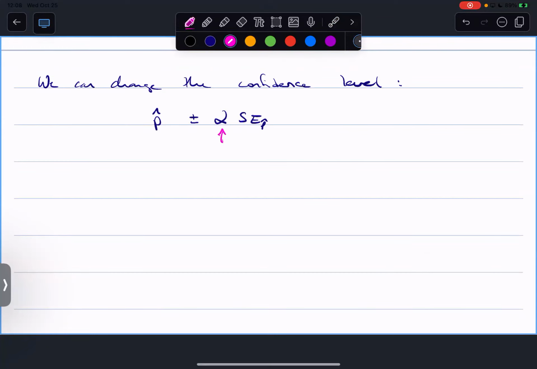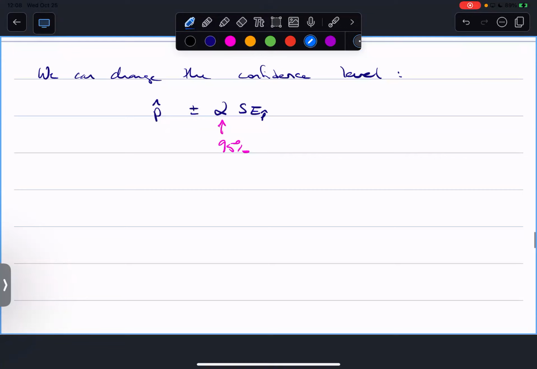Well, this 2 is what gave us that 95%, right? 2 is for 95%. So we can replace that 2 with a generic Z star, right? Z, because we moved out 2 standard errors. And so we replace 2 with a generic Z star.